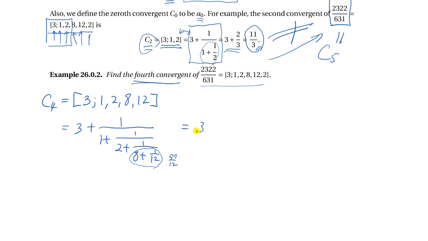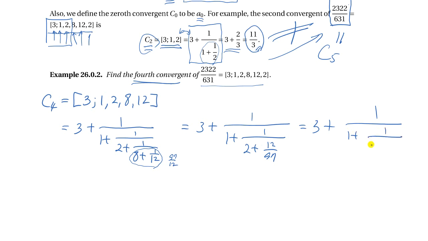So this is 3 plus 1 over 1 plus 1 over 2 plus 1 over 12 97ths, right? And that is 1 over, and 2 is the same as 194 over 97, right? And plus 12 over 97 as the denominator.